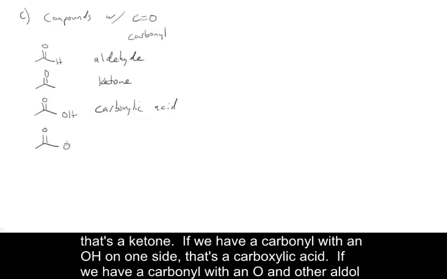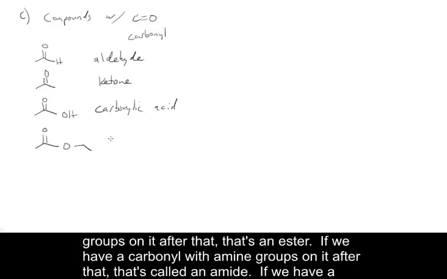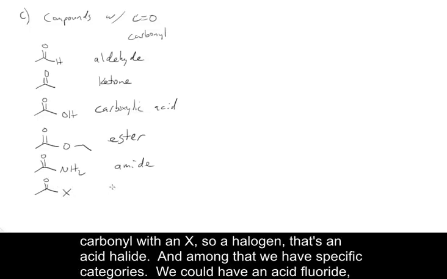If we have a carbonyl with an O with other alkyl groups on it after that, that's an ester. If we have a carbonyl with amine groups on it after that, that's called an amide. If we have a carbonyl with an X, so a halogen, that's an acid halide.